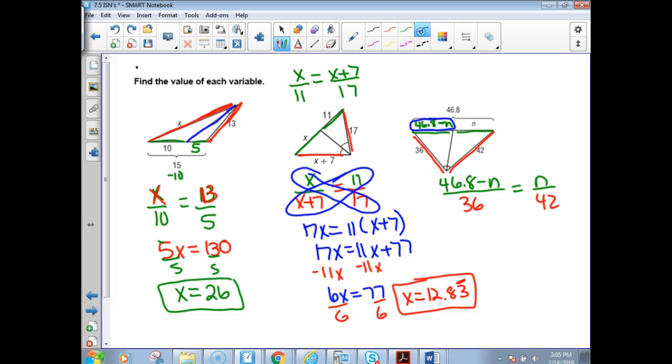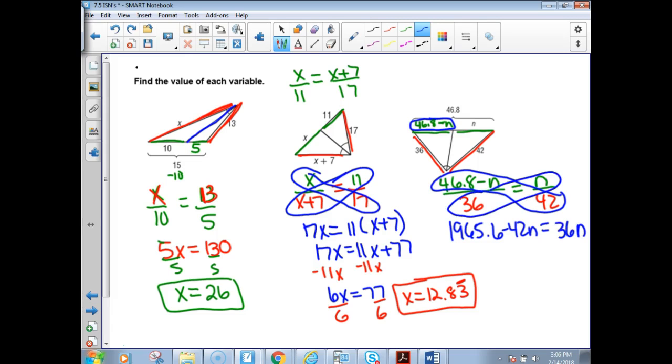Okay, now I need some calculator help, please. I'm going to multiply 42 times 46.8, 1965.6. Thank you. And then minus 42n equals 36n. All right, now I need to add 42n to both sides to get my n's on one side.